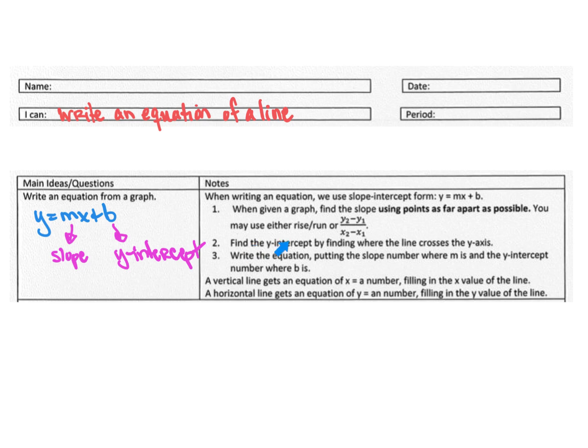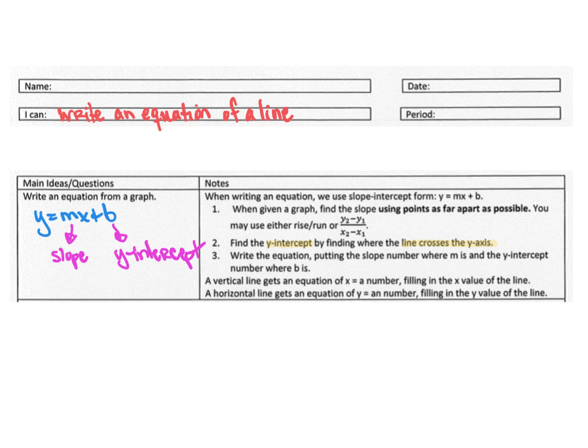Next, we want to find the y-intercept by finding where the line crosses the y-axis. I'm going to highlight that to remind myself, and I'm going to put it in yellow: y-intercept crosses the y-axis.